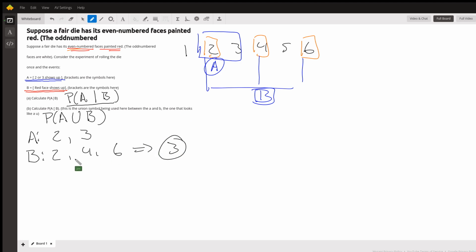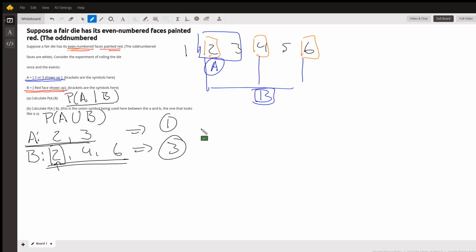But the question is, how many ways can event A happen given that we have an event B? And so if we go looking for event A within the subset of event B, we only see one way that this can happen. So there's one way to roll an event A, that is a 2 or a 3, given that event B has been rolled, a 2, a 4, or a 6.